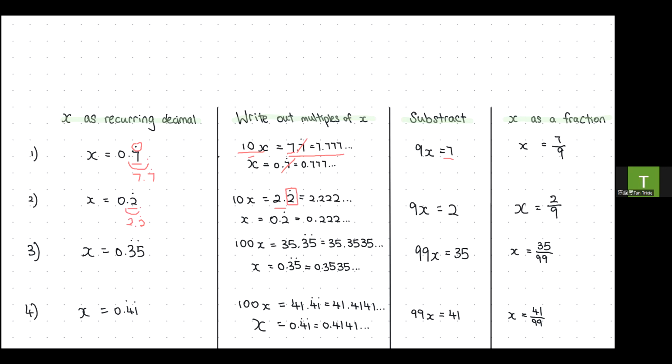So x will be the number where x equals 0.2 recurring decimal. So 10x minus x equals 9x. 2.2 recurring decimal minus 0.2 recurring decimal, cross out the decimal place, equals 2. So x equals 2 divided by 9, also known as 2 out of 9.